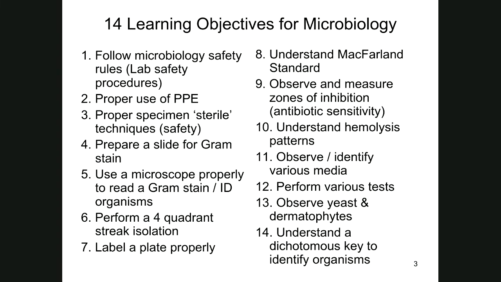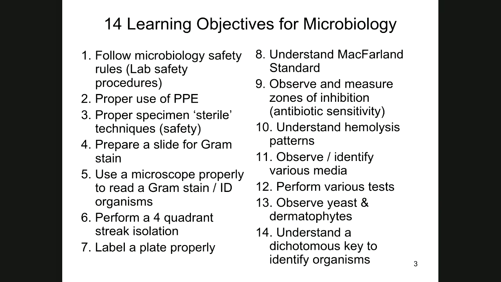Understanding hemolysis, when you have a blood agar plate and different organisms will do a different pattern of growth or absorption, or as I sometimes call it, eating up the blood in that agar. That's the hemolysis. And different patterns will help you to gain an understanding or potential identification of an organism.